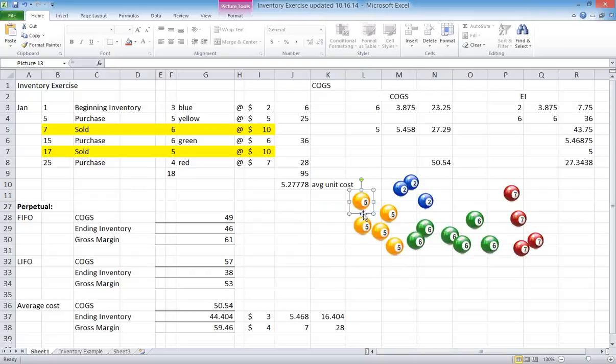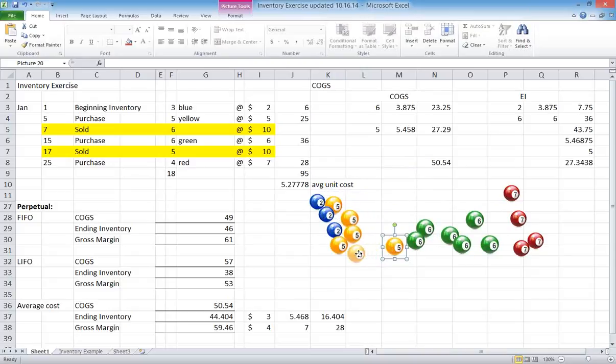Which ones did I sell? I would have sold all the blue ones, the yellow ones, these over here, and 3 of the green ones.